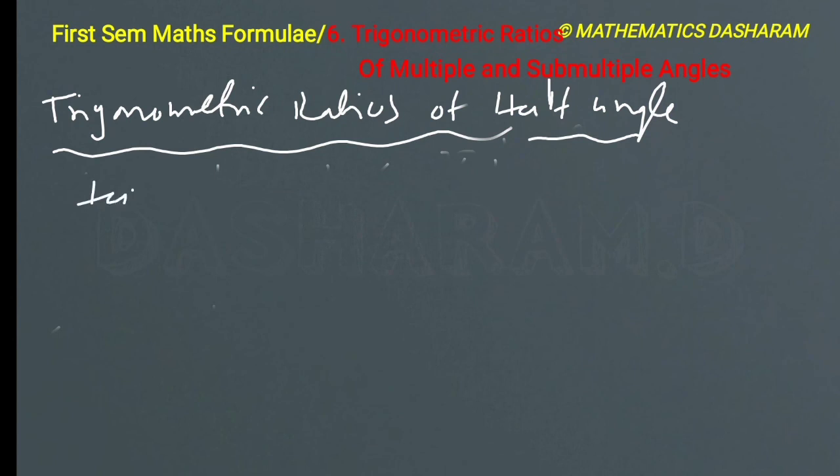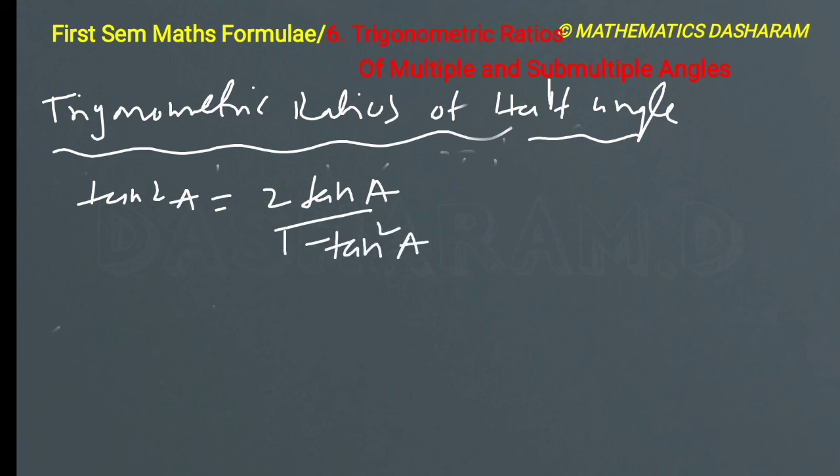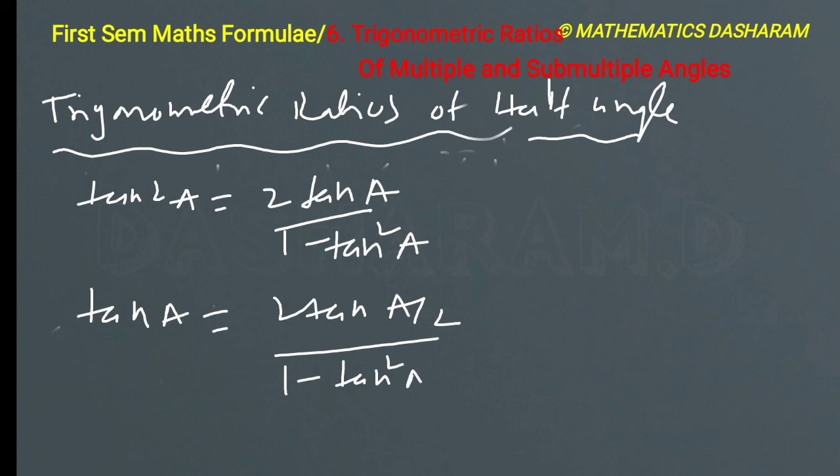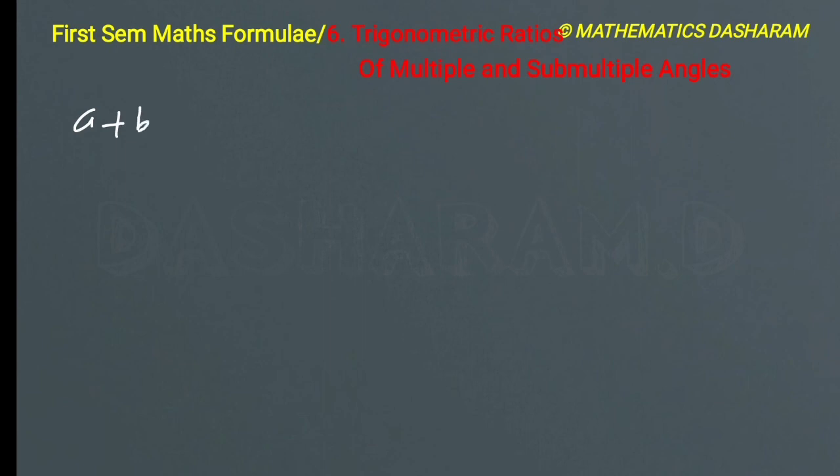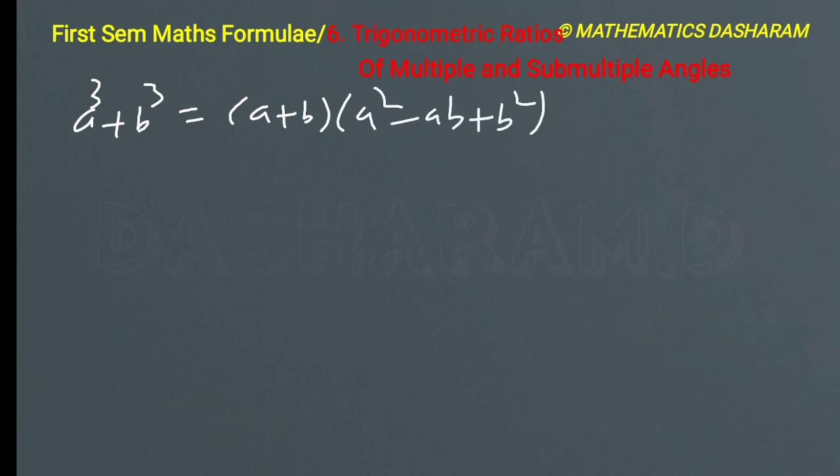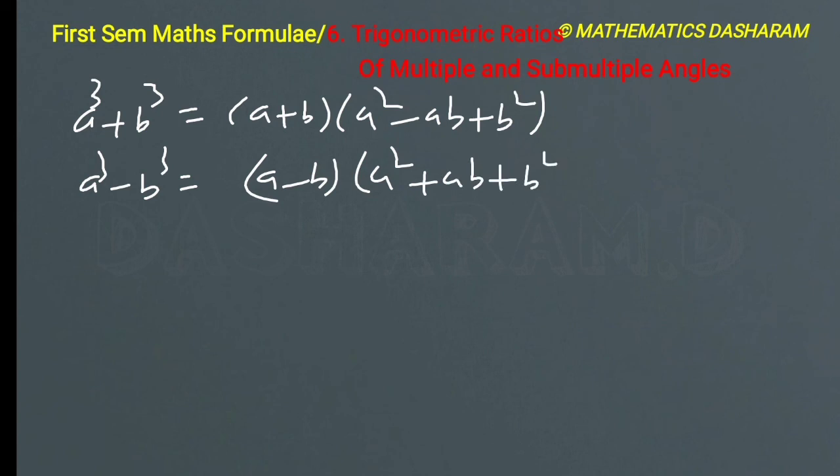Next, the tan 2A formula is 2 tan A divided by 1 minus tan square A. Then the tan A formula is 2 tan A by 2 divided by 1 minus tan square A by 2. Along with these, two important formulas: a cube plus b cube equals (a plus b) into (a square minus ab plus b square). a cube minus b cube equals (a minus b) into (a square plus ab plus b square).